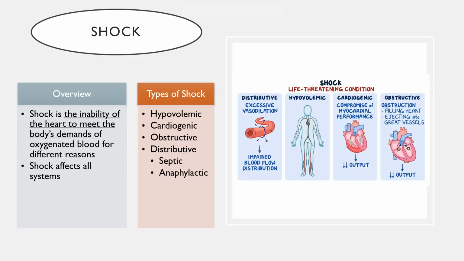Distributive is an umbrella term that we use, and it covers septic shock and anaphylactic shock. Both of these are going to have major excessive vasodilation. And we have excess vasodilation that's going to impair the blood flow and the oxygen getting to the tissues.